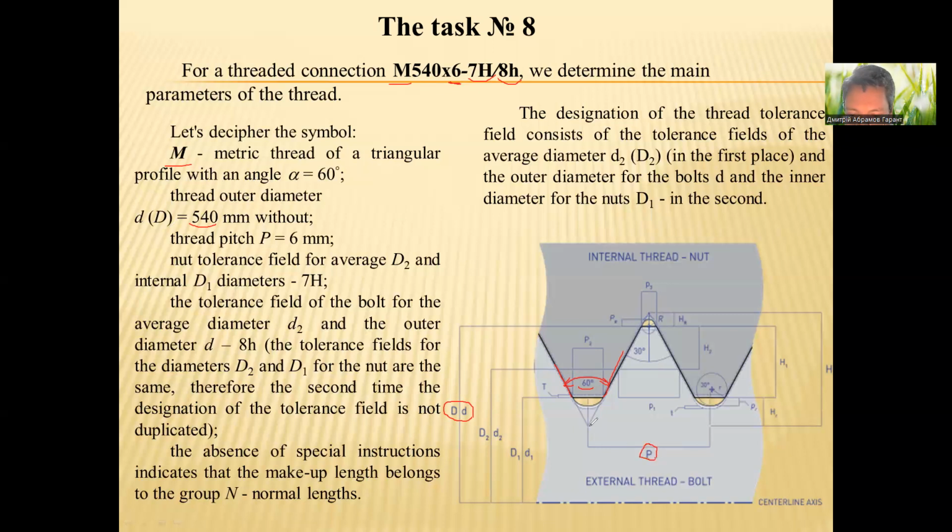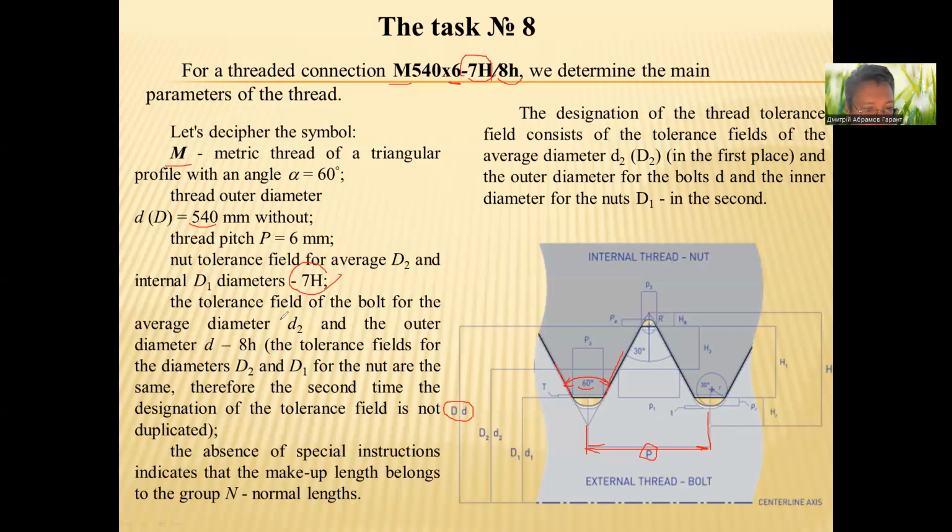It's the distance. It's the pitch. Nut tolerance field for the average diameter D2 and internal diameter D1 is 7H. It's for the nut.